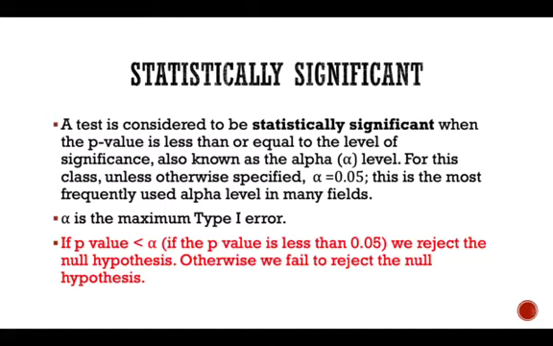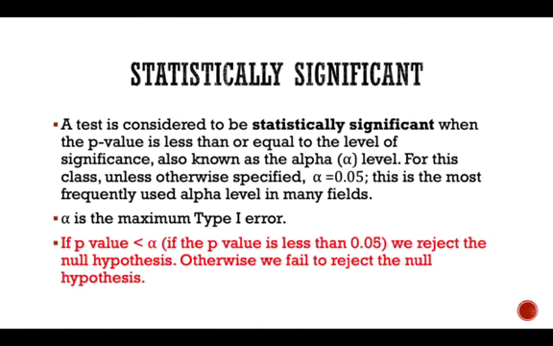What are we saying here? What we're saying, again, that p-value is what? The probability of observing a value that extreme or more extreme. If that probability is less than that maximum type 1 error, then we reject the null hypothesis. Otherwise, we'll fail to reject the null hypothesis.